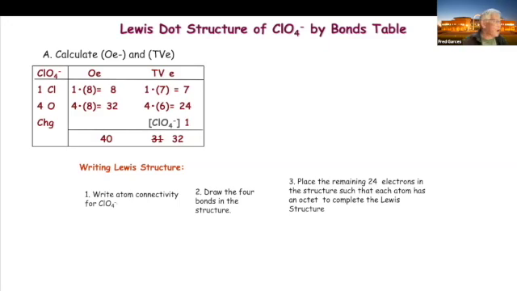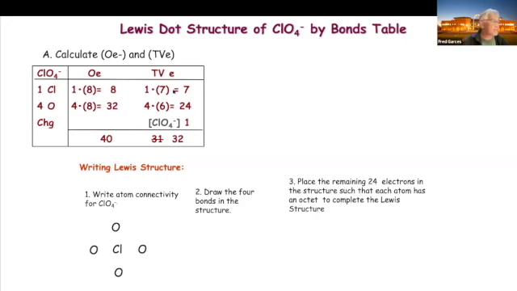Chlorine, octet electron, total valence electron. Chlorine has 8. Oxygen, 4 times 8 is 32. Again, this column is always 8 or 2, 2 for hydrogen. A lot of students will make the mistake of not remembering that. Okay, it's not difficult. It's either 8 or 2.